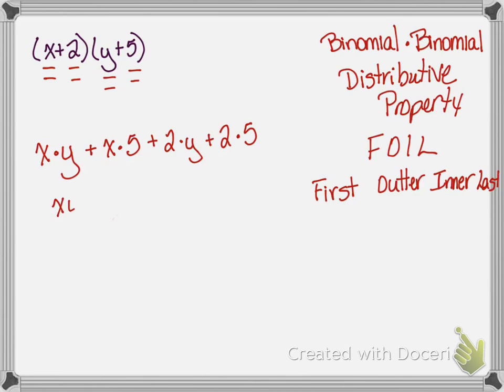So I have xy plus 5x plus 2y plus 10. Now, you always ask yourself, do I have any like terms that can be combined? Always check. That's the last thing that you ask yourself when you're doing these. Do I have anything that can be combined? And I don't. So I'm done. That's my final answer.